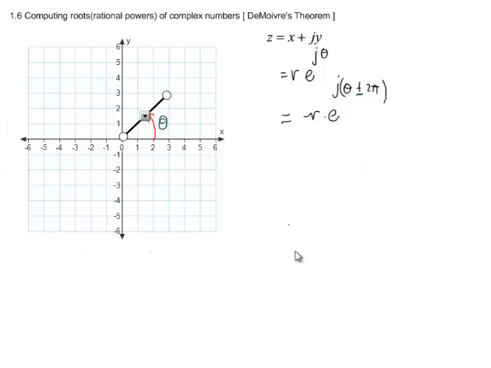What am I trying to suggest there? I'm suggesting that even this one, r e to the power j, theta plus or minus 2k pi. As long as I'm taking even multiples of pi, I'm getting the same number.